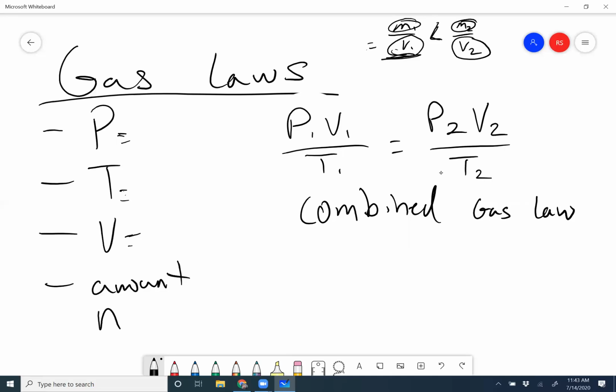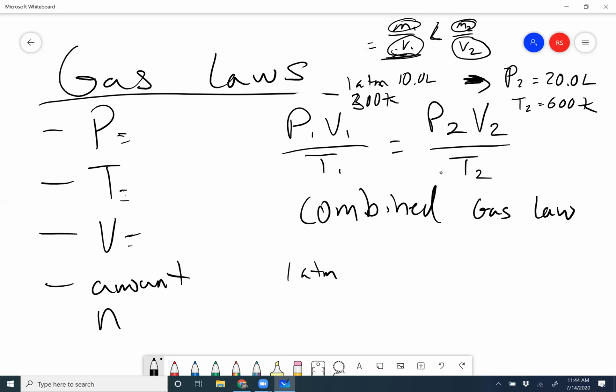So if we go to our original situation where we had 1 atmosphere and 10 liters of a gas at, we'll just say, 300 Kelvin, what's going to happen to the pressure if we go to 20 liters of gas and a temperature of 600 Kelvin? Well, now we can plug in our numbers here. 1 ATM, we have 10.0 liters, and we have 300 Kelvin.